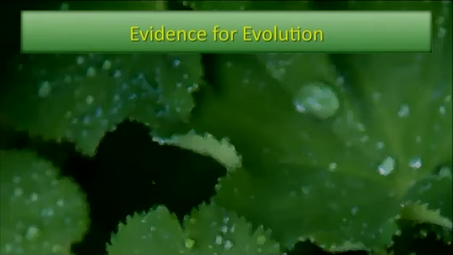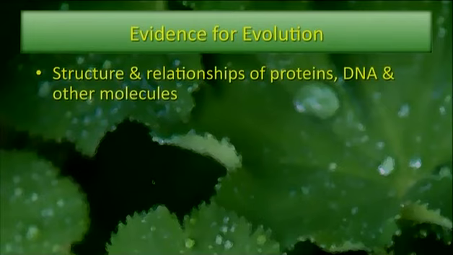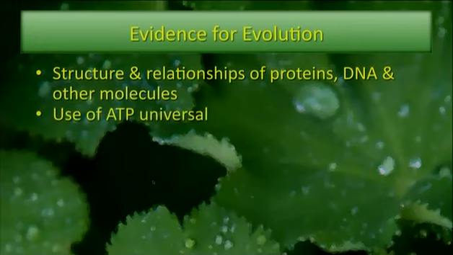Now, further evidence for evolution is the structure and relationships of proteins, DNA, and other molecules between different kinds of organisms. In all organisms, DNA codes for RNA, which codes for proteins. Another universal is the use of ATP, adenosine triphosphate. It is used as a chemical energy source in all cells, all living things.